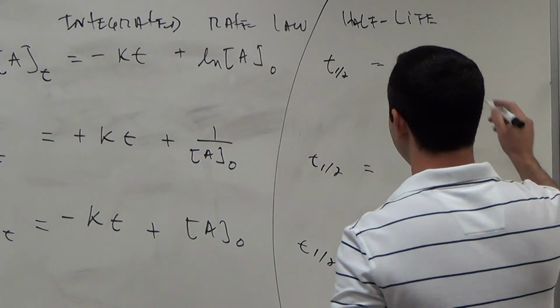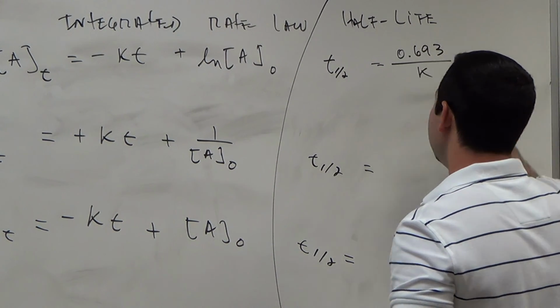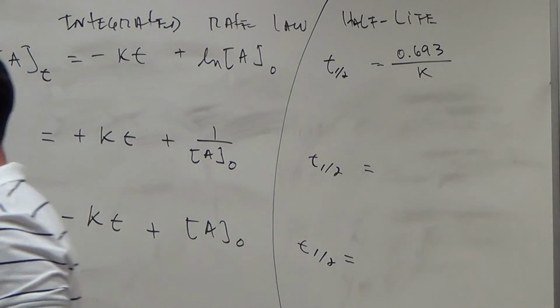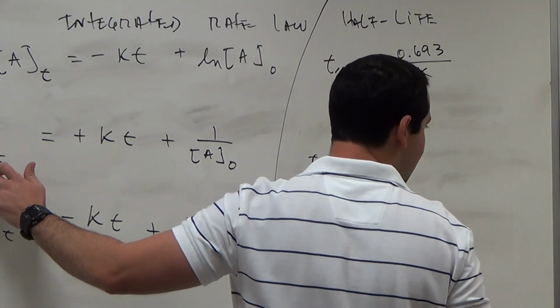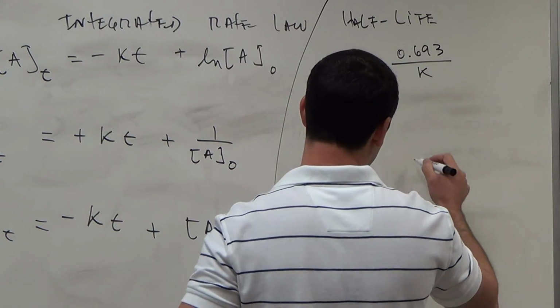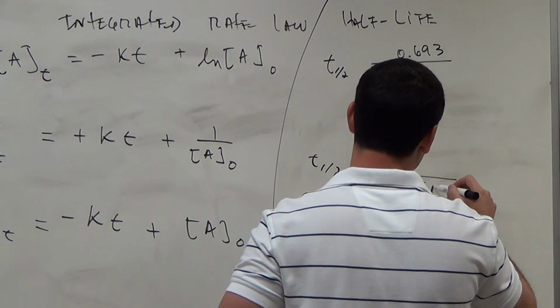The half-life of the first order is 0.693 divided by K. The second half-life is going to have this on the bottom because it is 1 over A0, yes?